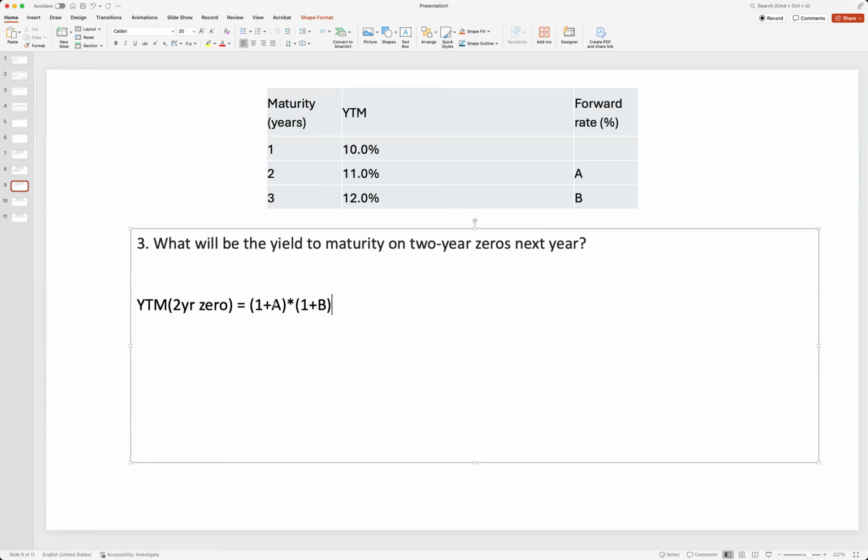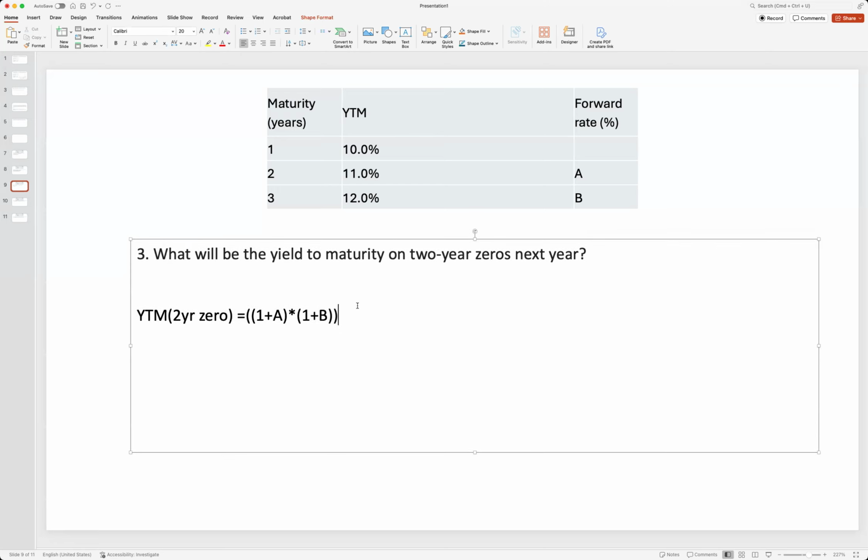That's your total rate of return, but yield to maturity is annualized. So we take this, then we annualize it, raise it to the power of 1 over 2, because it's over 2 years, then we do minus 1.